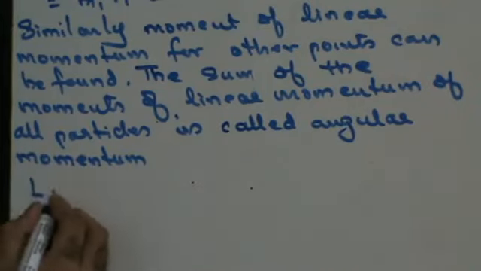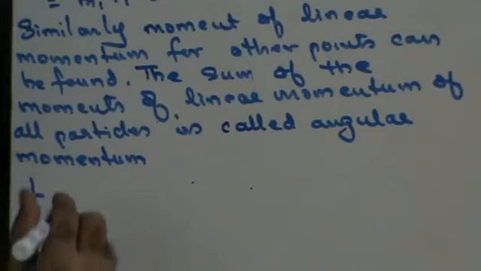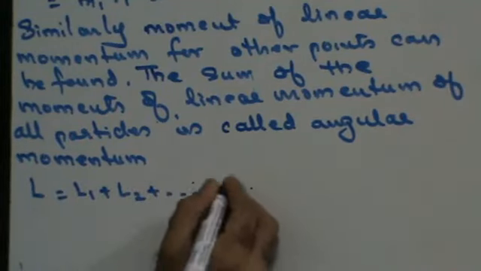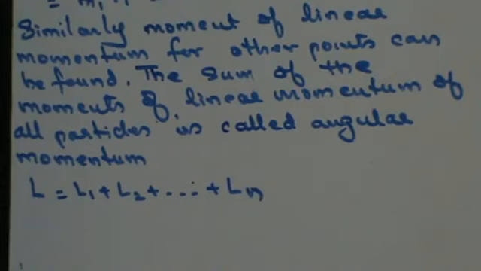So angular momentum L can be written as L1 plus L2 plus up to Ln. So angular momentum is the sum of the moment of linear momentum of all the particles.